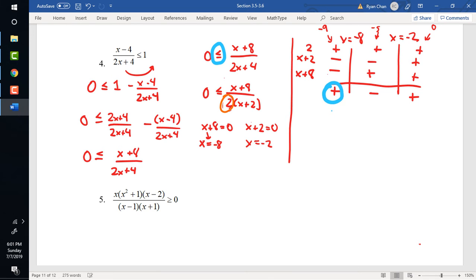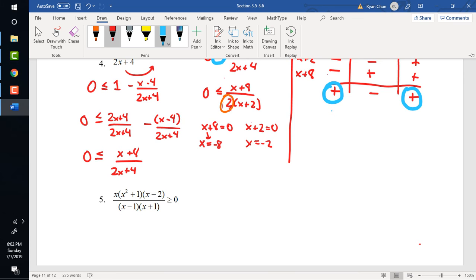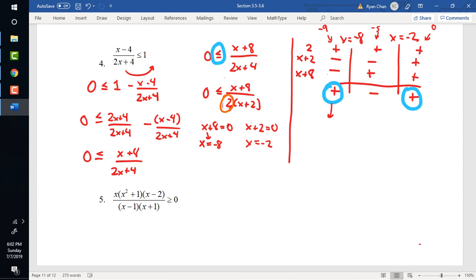Now be very careful with greater than or equal to. I will include as long as it doesn't end up being undefined. Let's take a look at this right here. It goes from negative infinity to negative 8, so I do negative infinity to negative 8.